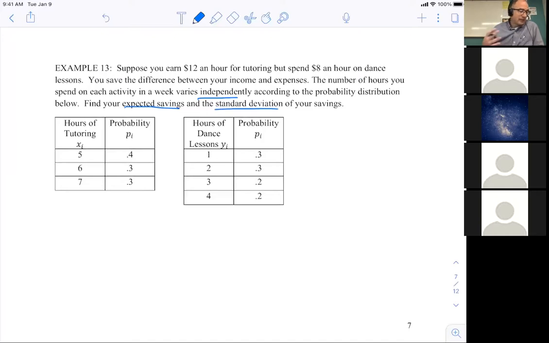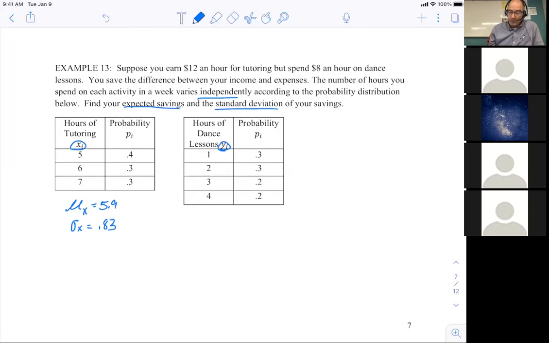So again, this is a probability distribution. X is going to be tutoring hours, and Y is going to be dance lessons hours. The mean of x is 5.9 hours, and the standard deviation is 0.83.